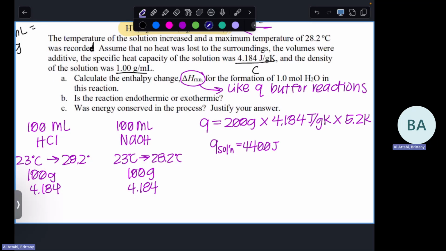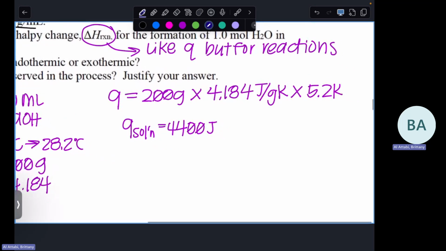Where did that energy come from? Because remember, we're reaching thermal equilibrium. In this case, I didn't add a hot piece of metal. I did what?